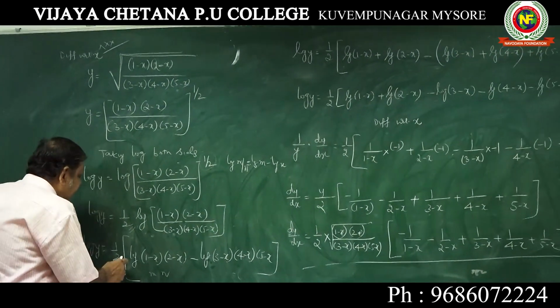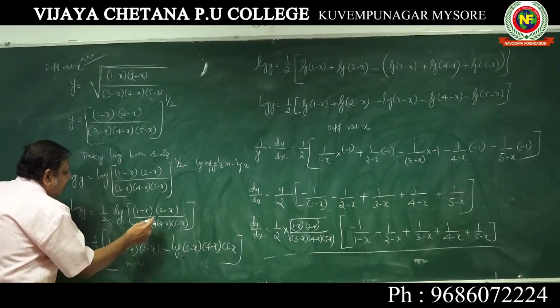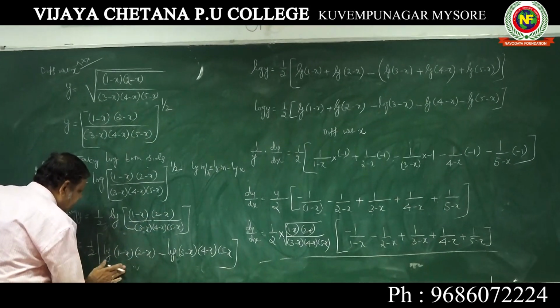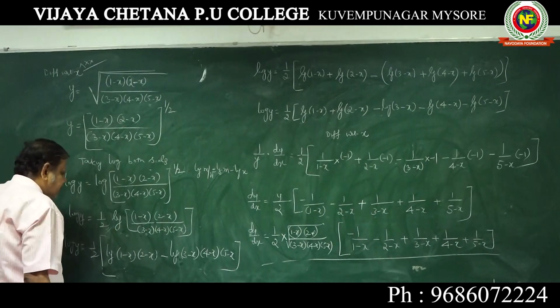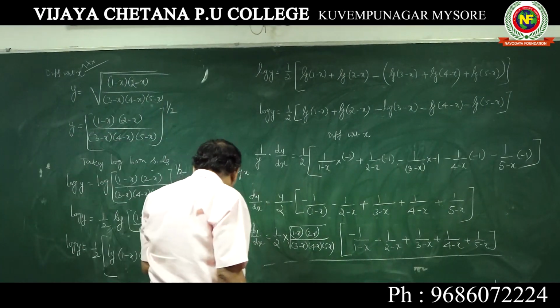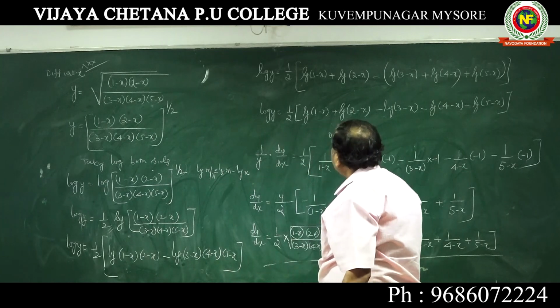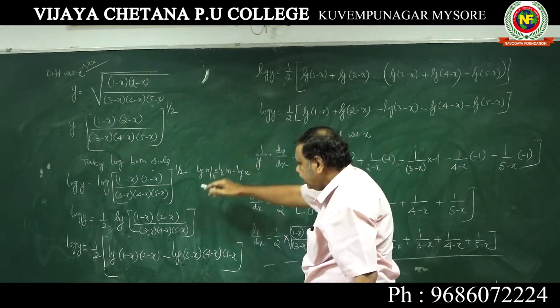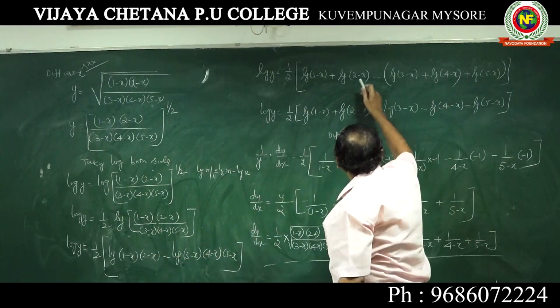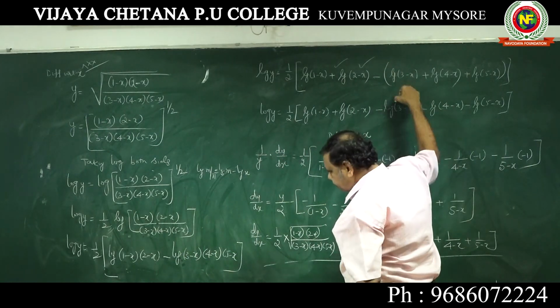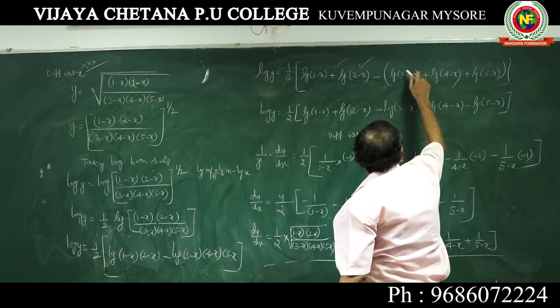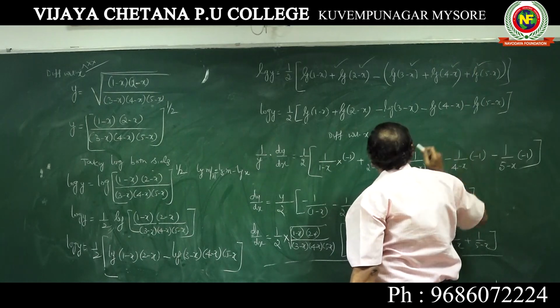Now log y is equal to half into, now log m by n is log m minus log n: log 1 minus x, 2 minus x, minus log of 3 minus x, 4 minus x, 5 minus x. Now log y is equal to half of, now log mn is log m plus log n, minus outside: log 3 minus x plus log 4 minus x, log 5 minus x.